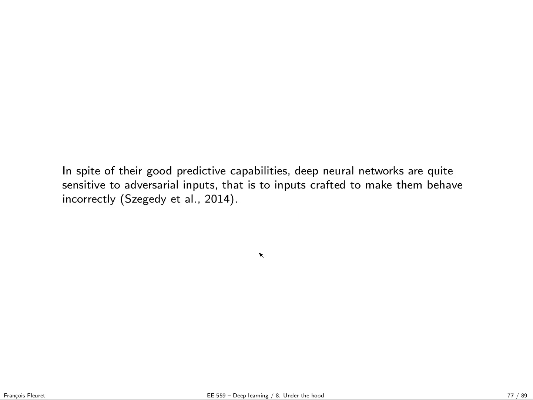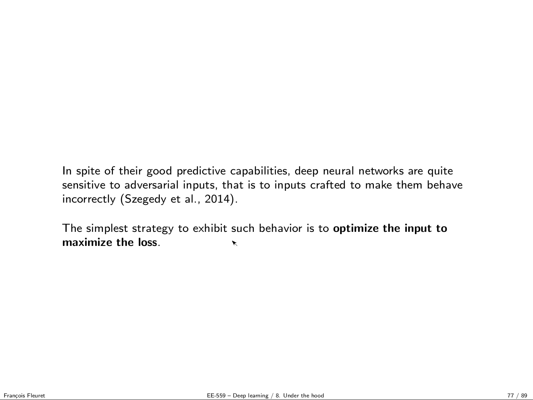Another interesting approach to understanding what networks are doing, and in some way maybe showing some problematic properties of the networks, is to build adversarial examples. The idea of adversarial examples is to optimize the input so that the network responds incorrectly. And we are going to see that the network is extremely unstable to its input.